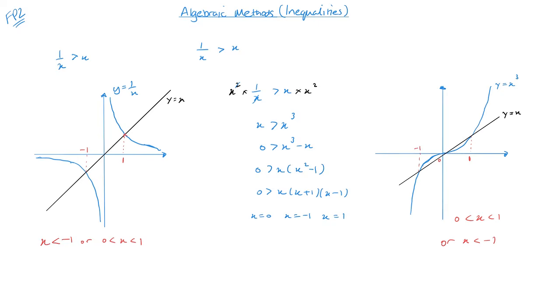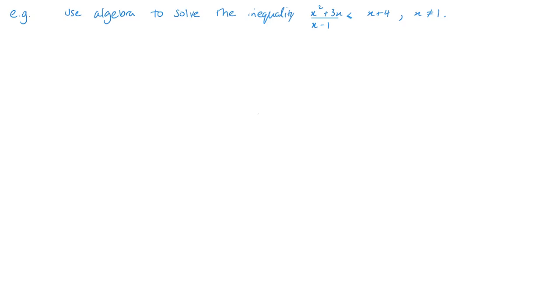Okay, now let's have a look at an example. So in this example, I've got x squared plus 3x over x minus 1 is less than x plus 4. So like I mentioned previously, there will be some sketching involved, but we don't want to have to sketch these graphs because these are going to be difficult.